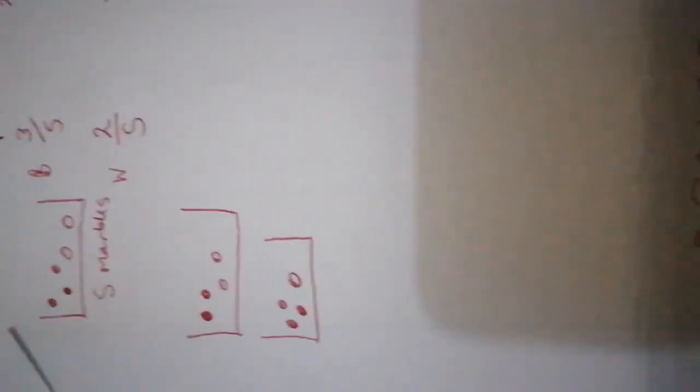The chances of picking a white marble has reduced to 1. The chances of picking a black marble has gone back down to 2. We only have 2 chances of picking a black marble and 1 chance of picking a white marble.